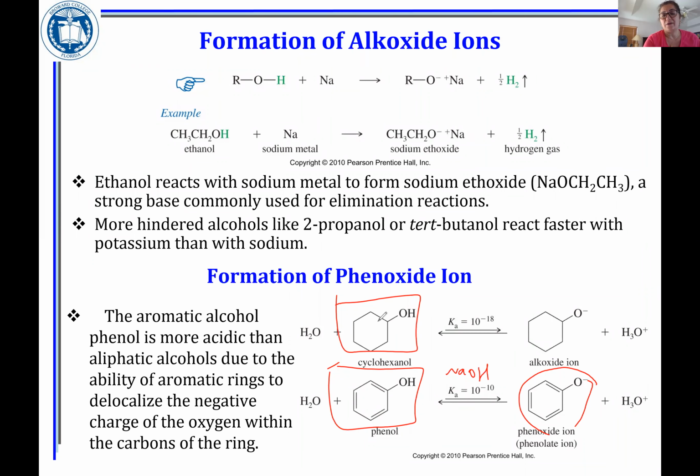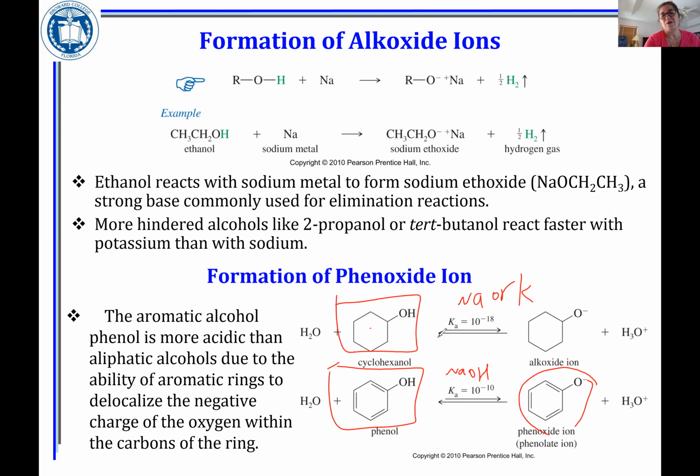But if you have cyclohexanol, because it's a very weak acid, you must use a very strong base. That very strong base is sodium or potassium itself. You cannot use sodium hydroxide solution or potassium hydroxide solution for cyclohexanol to remove the hydrogen.